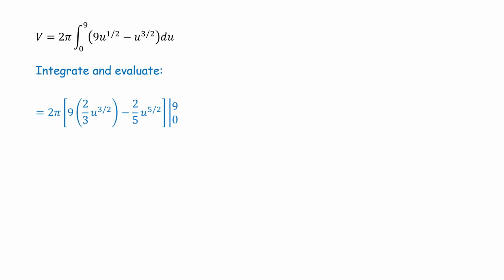Let's do some arithmetic if it's helpful. So we're going to have 2 pi times 9 times 2/3 is 6, u to the 3/2 minus 2/5 u to the 5/2, still evaluated from 0 to 9.